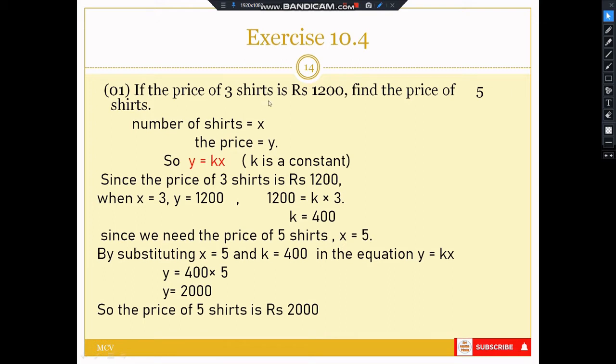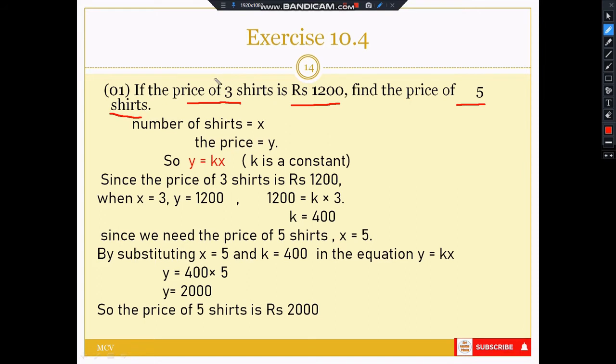Let's see this problem. If the price of 3 shirts is 1200, find the price of 5 shirts. 3 shirts, price is 1200. 5 shirts. So you can take number of shirts as x, the price as y.